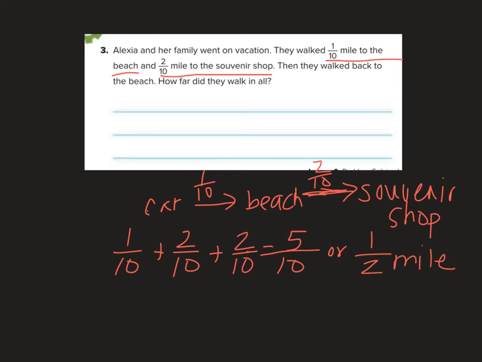Because 5's half of 10. So they walked half a mile in all. Okay. I suppose the only question, I don't know, we'll just go with it. I was going to say the only question would be how far did they walk in all? Maybe they didn't tell us if they walked other places, but we're not going to assume any of that. We're just going to say, okay, they walked there, back, how far they walk.